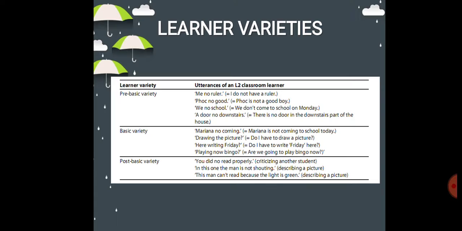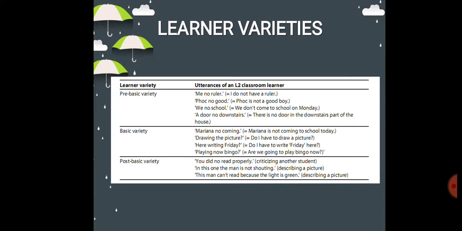Based on this table, I think the learner variety depends on the ability of the utterances they have, like maybe vocabulary and then grammar.